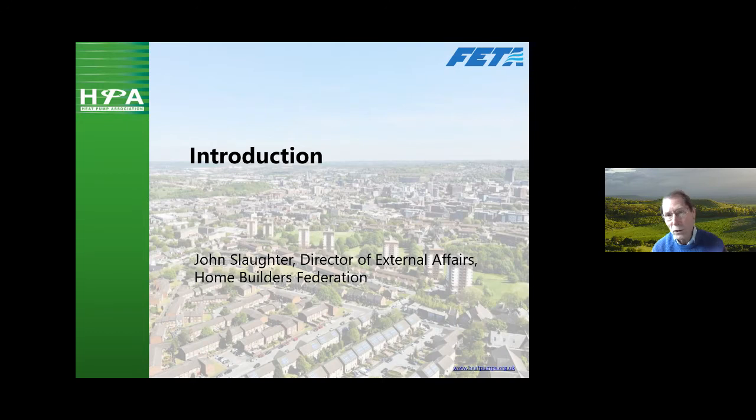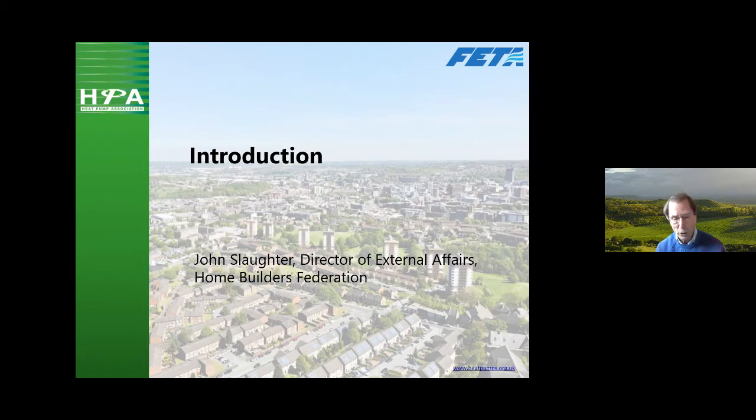And in the work that we've been doing around the Future Homes Task Force and creating an environmental roadmap for the industry for the future, we've seen enormous demand in the last few weeks for the sharing of knowledge and information in relation to the Part L changes, how to meet the standards and the changes in technology, design and construction that will be involved in a practical and effective way.